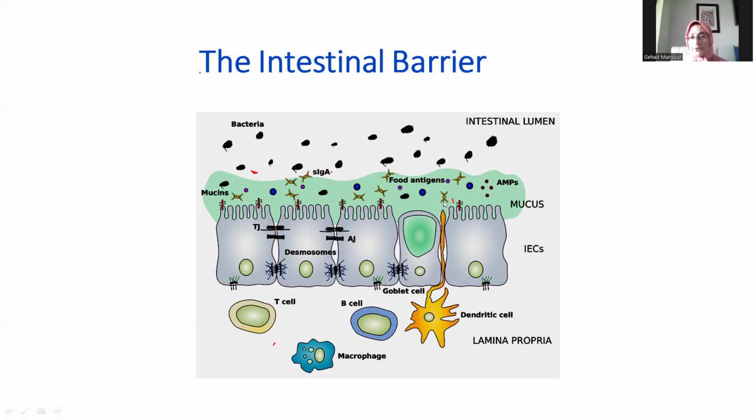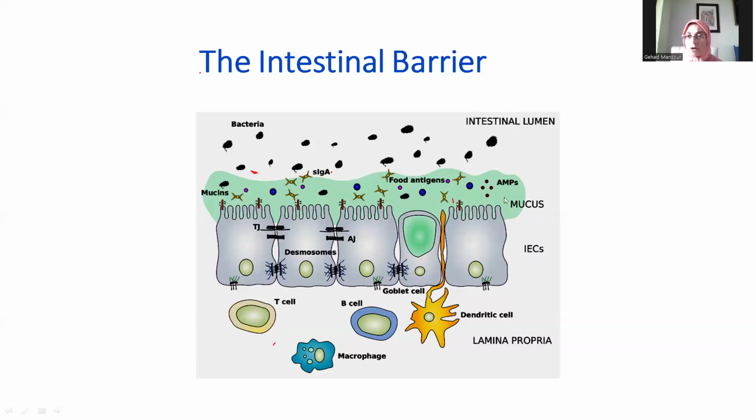The mucus layer acts as a sieve-like layer. It doesn't look like a sieve, but mucus is made of a protein called mucin. So in between the molecules of mucin, there are spaces that regulate the passage of substances.